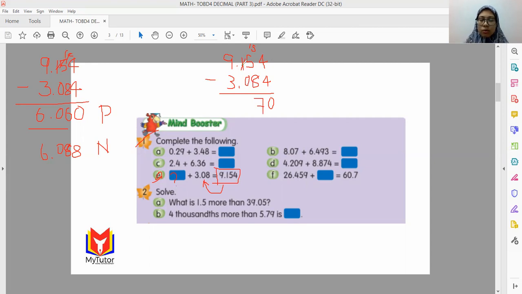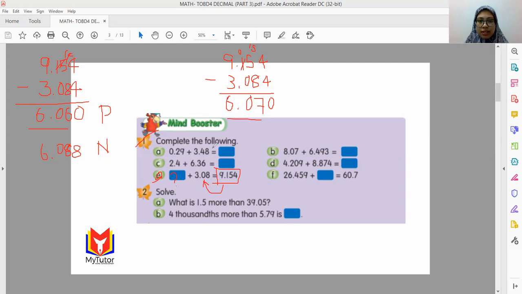Now that you've borrowed from 1 here, there's nothing left here. So it's 0. 0 minus 0 is 0. Then here is 9 minus 3, 6. I calculated it wrongly too. Putri too calculated wrongly. You must have put 14 over here. So the answer is 6.070.